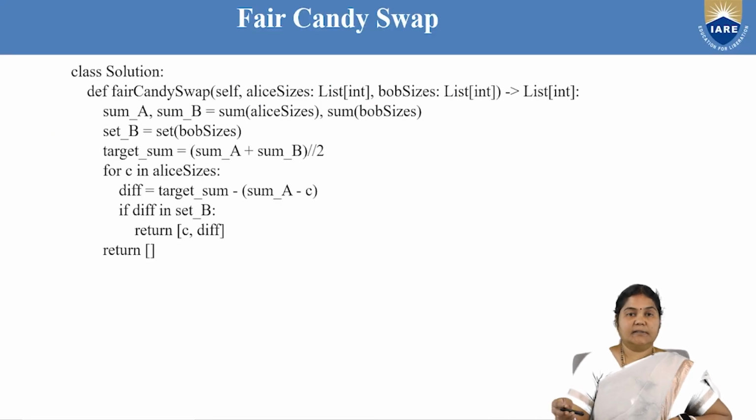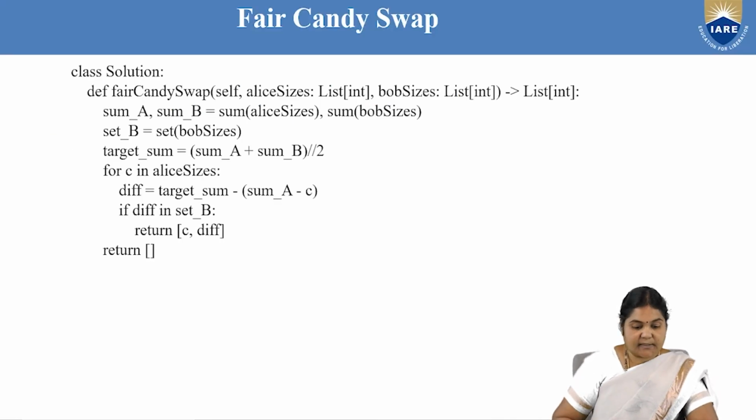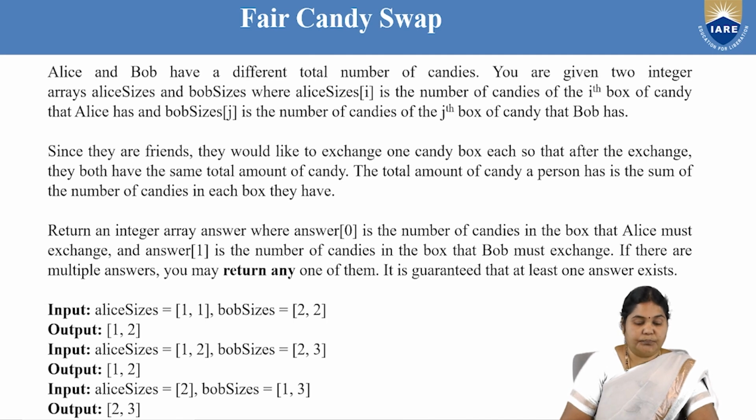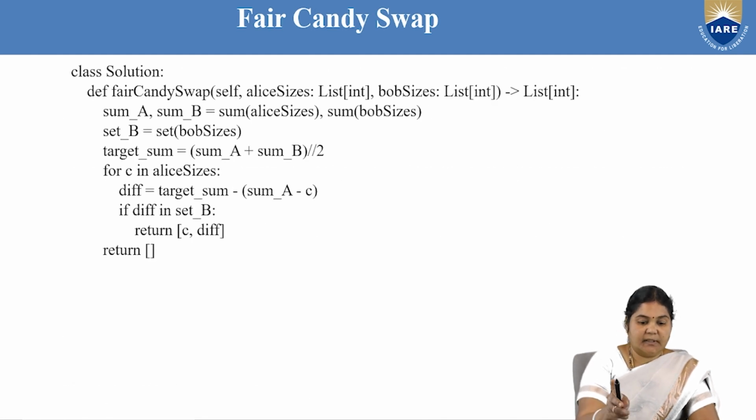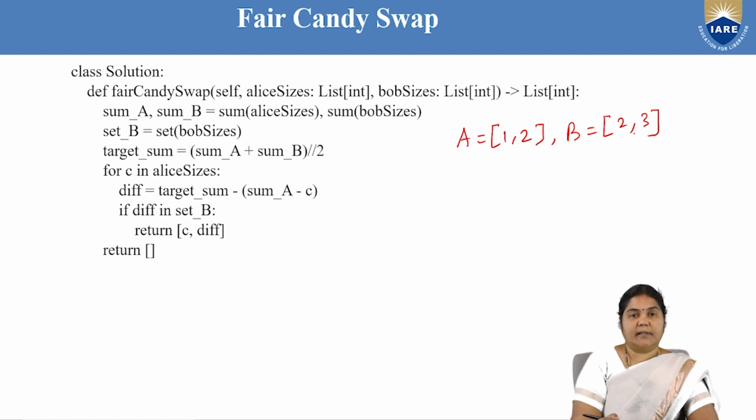If you analyze this question, let us understand test case number 2. Alice sizes is 1, 2, Bob sizes is 2, 3. So which candy boxes have they exchanged?